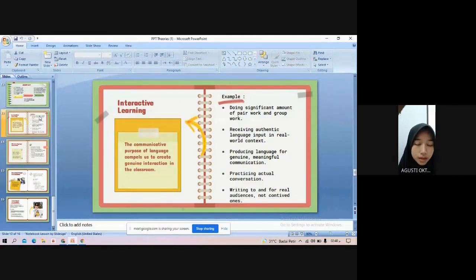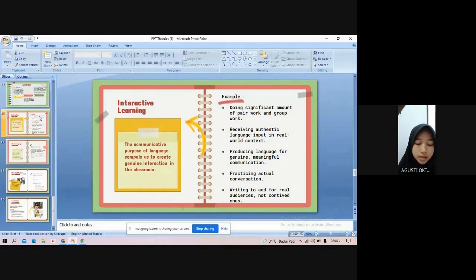Okay. Interactive learning. The communicative purpose of language compels us to create genuine interaction in the classroom. For example, to make genuine interaction in class: number 1, doing a significant amount of pair work and group work.